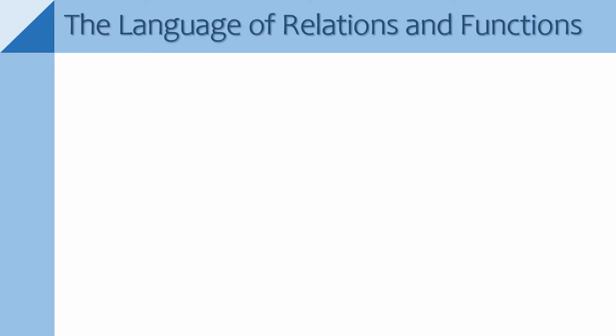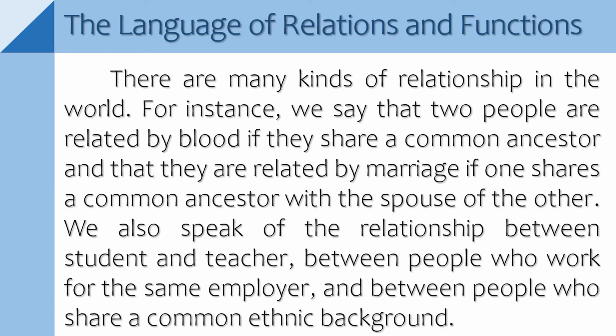There are many kinds of relationships in the world. For instance, we may say that two people are related by blood if they share a common ancestor, and that they are related by marriage if one shares a common ancestor which is a spouse of the other.